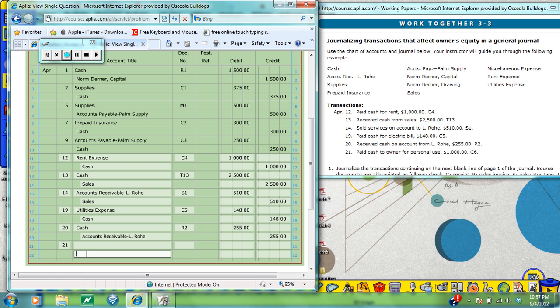So cash was paid out, so we know that went down. If we analyze our accounts over here, you see Norm drawing account. That is constantly a debit until we close it out. There's another big clue for you. And we wrote a check, $1,000.